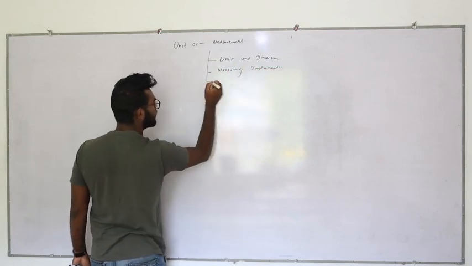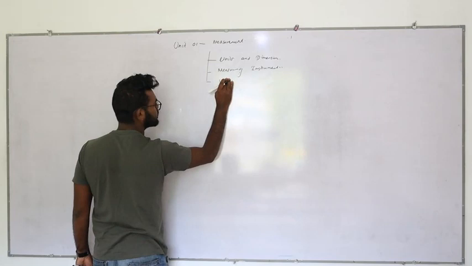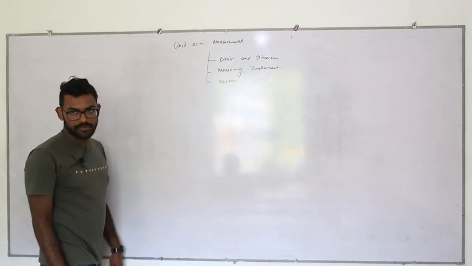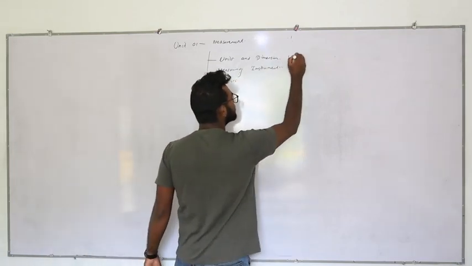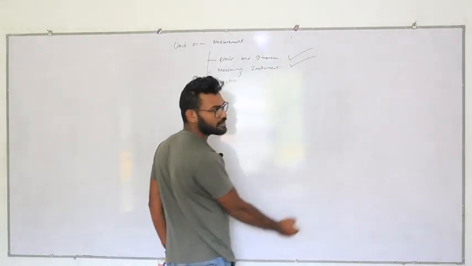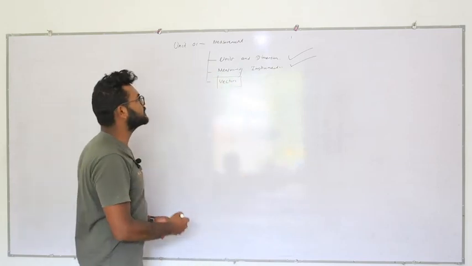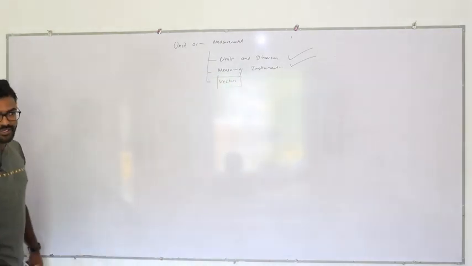The next and the final part of it is the vectors. That's the end of the first unit. Now we have finished up this and we have finished up this as well. Now it's the last part, the vectors. Alright, let's start the topic, a big topic, vectors.